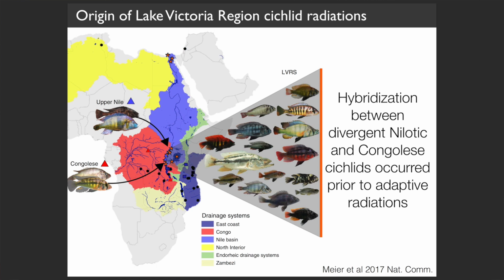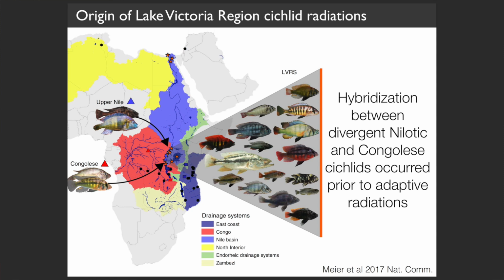So when we look at the genomic data from the Lake Victoria Region Superflock, using methods from human genetics, we infer that there was a hybridization event between two divergent lineages, which subsequently led to the Lake Victoria Region Superflock. And that hybridization event was between the Congolese lineage, whose distribution is shown in red on the map here, and an Upper Nile lineage, whose distribution is shown in this map in blue.